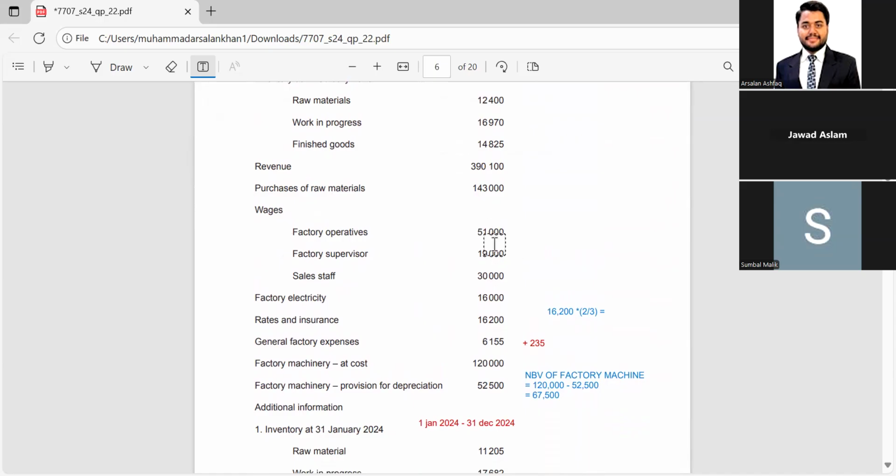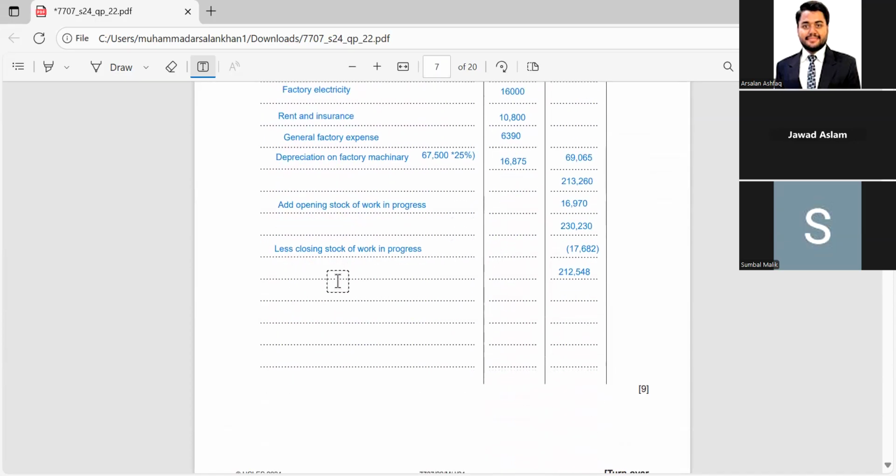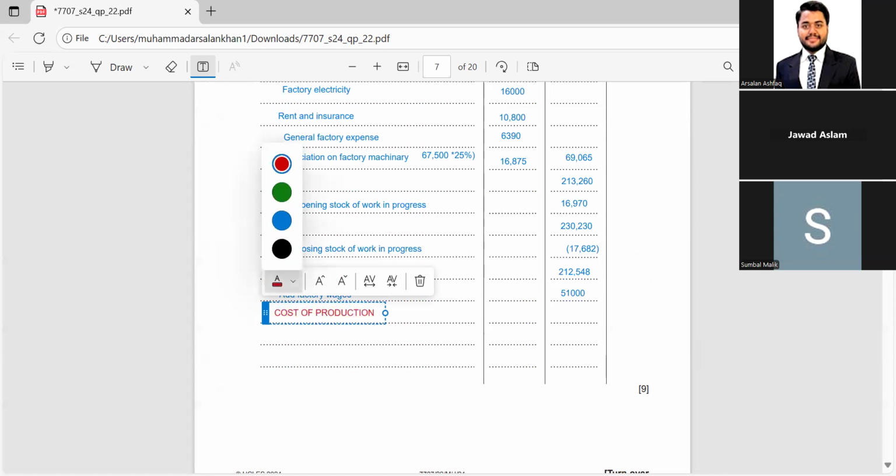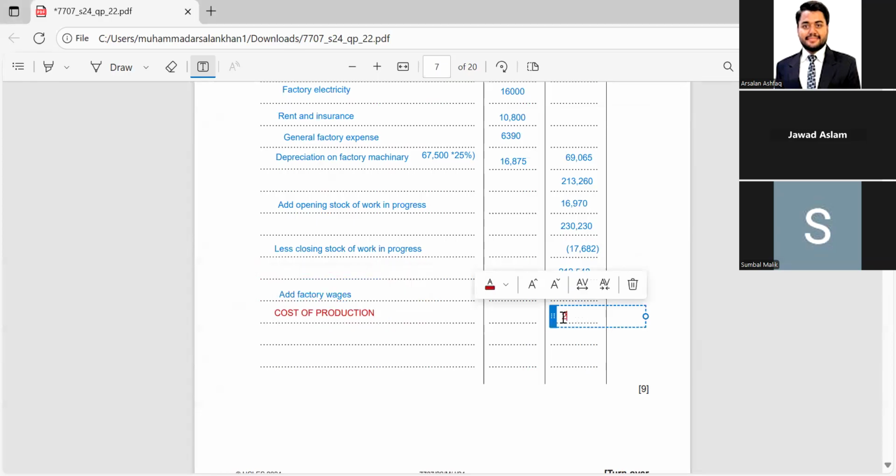So I will add 51,000 over here, add factory wages, and that will be the answer for part one. So what will be the final answer? The cost of production. The purpose of all this hard work was to calculate the cost of production. That's why we add all the expenses together. The answer is 263,548.